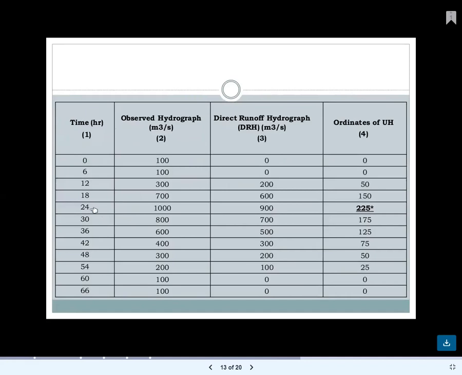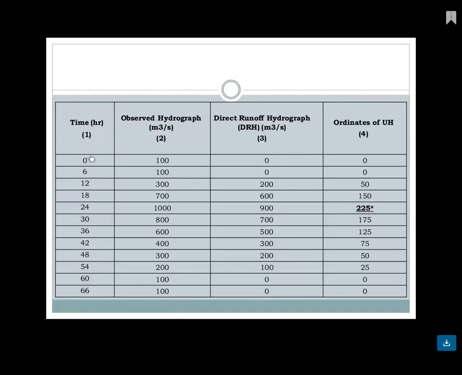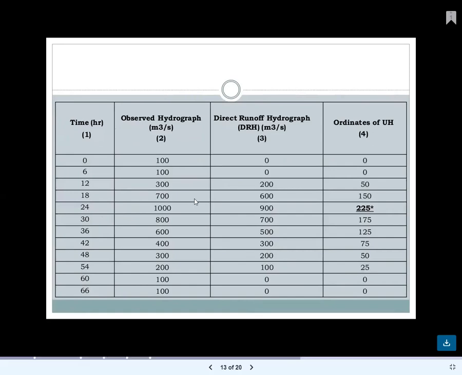So here we put the data like this: time in hours 0, 6, with a gap of 6 hours, 0, 6, 12, 18, 24 up to 66. The observed hydrograph, whatever the given data is, we put: 100, 100, 300, up to 66, it is 100 with the variation, you can see in the table.